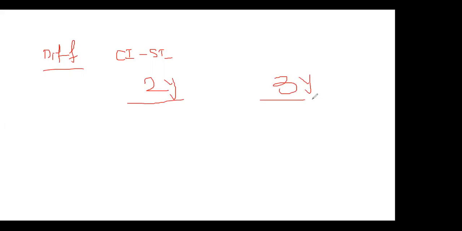Here the formulas are based on the years. When they mention the difference between compound interest and simple interest for 2 years, you have to use the 2 years formula. When they mention the difference between CI and SI for 3 years, then you have to use this formula. Okay, right?